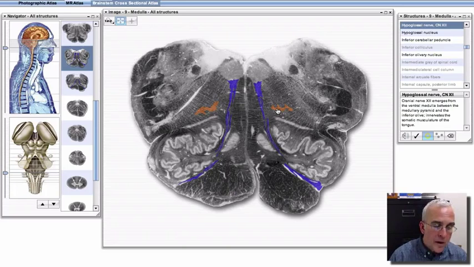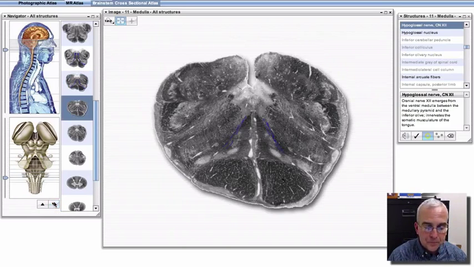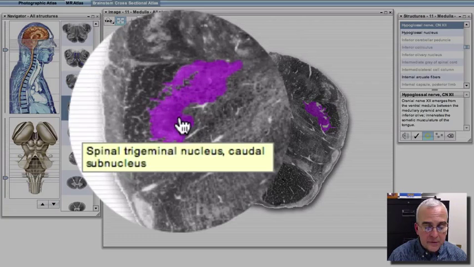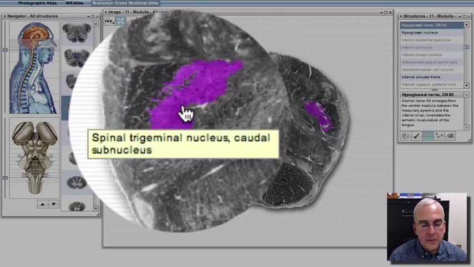Okay, well, let's just follow down a few more sections, and we'll get below the level of the hypoglossal nucleus and nerve here. What we will encounter, however, is the spinal trigeminal nucleus, and we'll see that we still have a tract to the lateral side of the nucleus.